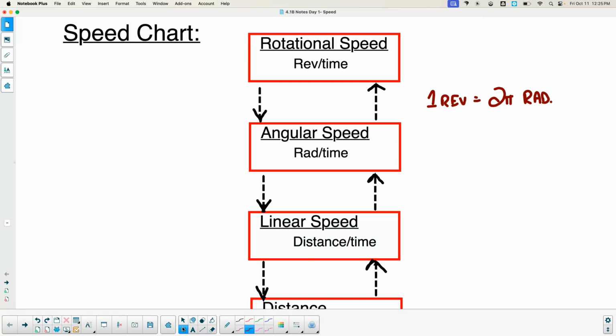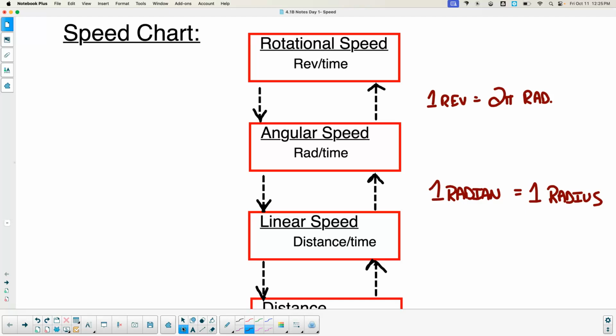And in this one, it's not a very easy conversion because it's not always going to be 1 revolution is 2 pi radians. Here, 1 radian is equal to 1 radius.